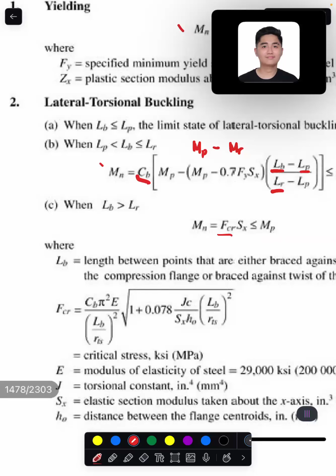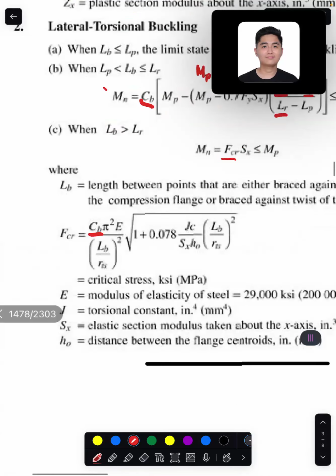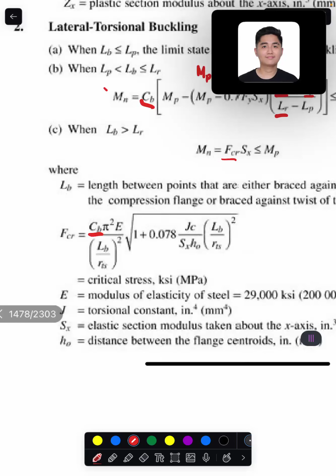At itong F critical, makikita mo dito. Lahat ito ay available dun sa table. So, ulit, yung C sub B na kinocompute natin dito, tapos meron kang pi squared E which we know to be 29,000 ksi if we're talking about English units. Meron kang unbraced length L sub B right here.